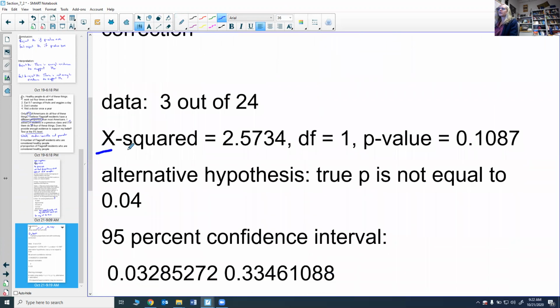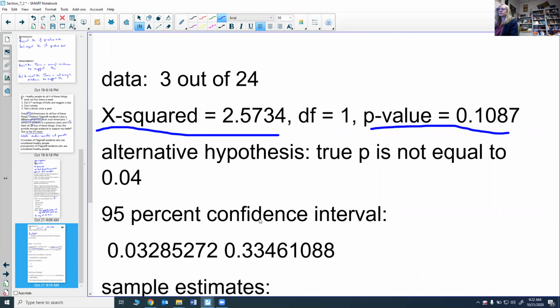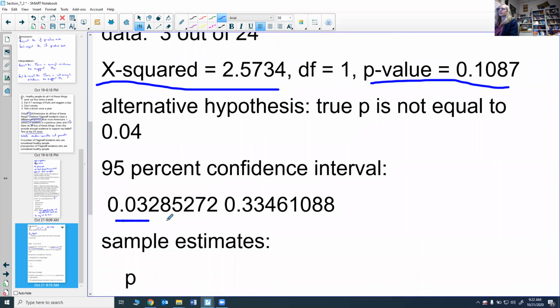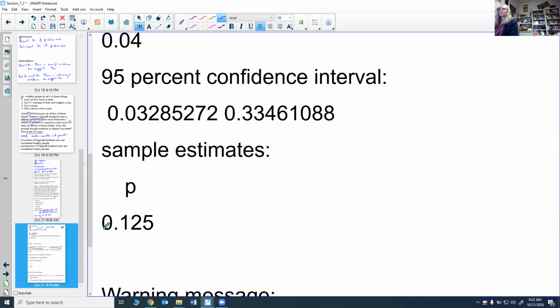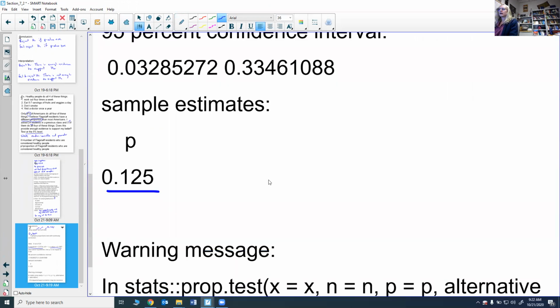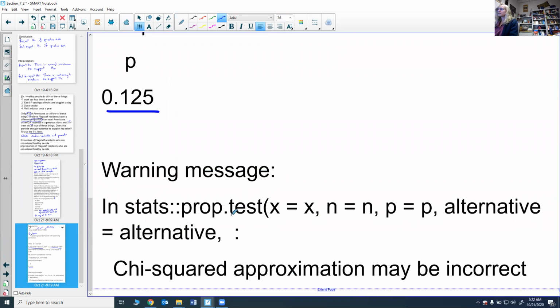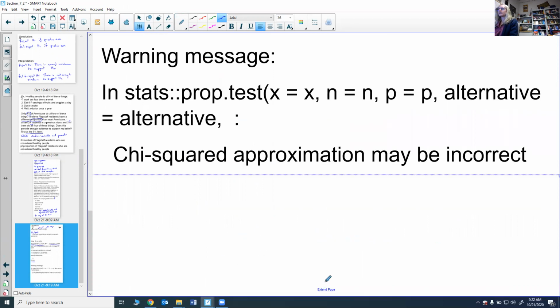And then here's our chi-squared. That's our test statistic. There's our p-value. And a bit farther down, there's our p hat. All right, and then it gives us a warning. It does tell us that it may be incorrect to use this because we have that same thing where the n times p was not big enough.